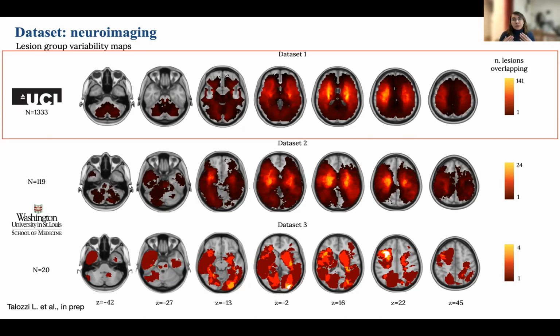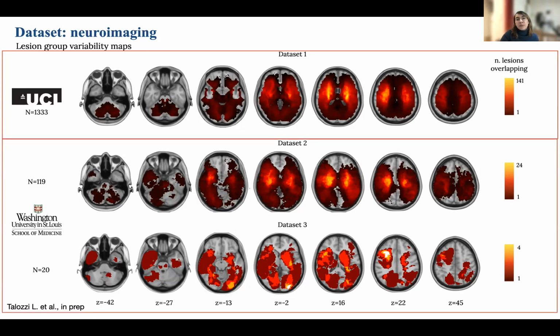And then for the neuropsychological correlations, we are going to take advantage of the second and third datasets that were both acquired in Washington, and they contain different patients.